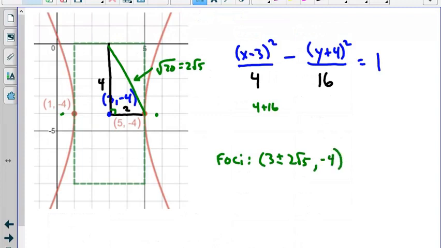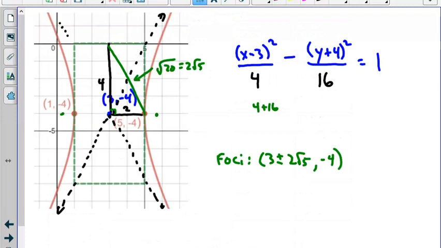The asymptotes would be, that's a really awful dotted line there. It's not even close to what it's supposed to look like. So our asymptotes, oh, I guess I can't go that far or my microphone's going to fall off. Our asymptotes look like this.